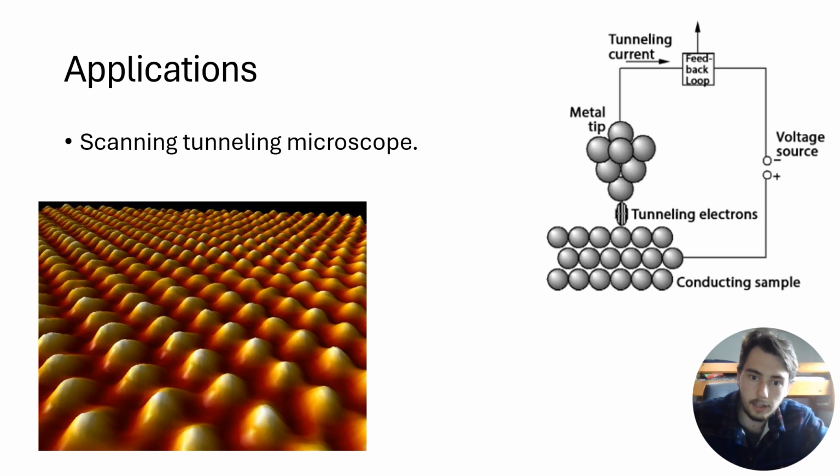And we can see that the electrons are tunneling, going from the sample to the tip. And so we can use that to map surfaces. That picture on the left is a picture that we've made using the scanning tunneling microscope. So from this diagram, the electrons are going to tunnel and get to this metal tip. And that's the big idea. It's very close, so it's going to tunnel and get there, and then it's going to show up.